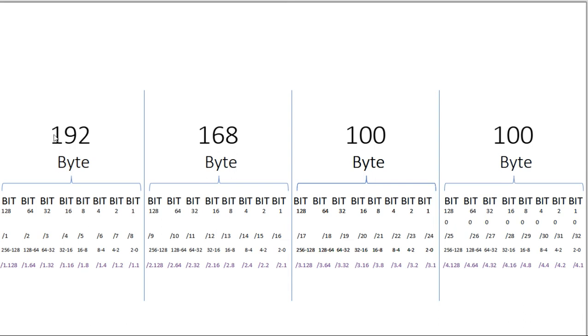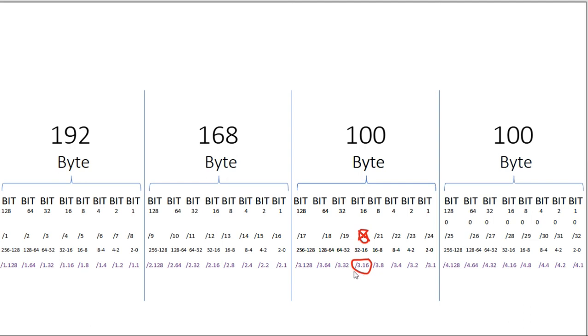So let's say, for example, we have this IP address 192.168.100.100, and we have the CIDR notation /20. Okay? With this, if we were using this notation instead of 20, we say, okay, 20, it's stupid.